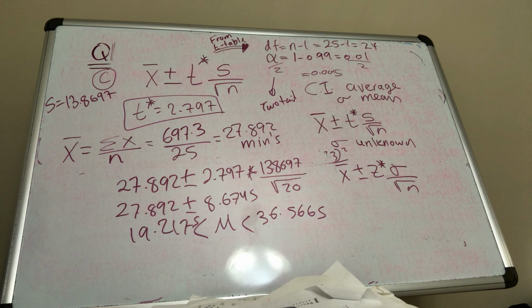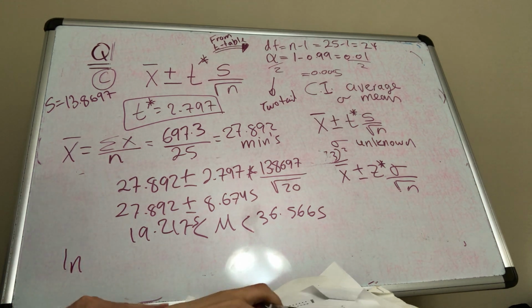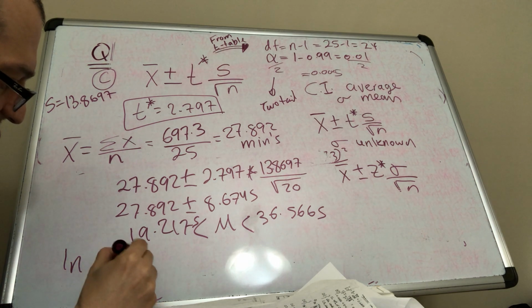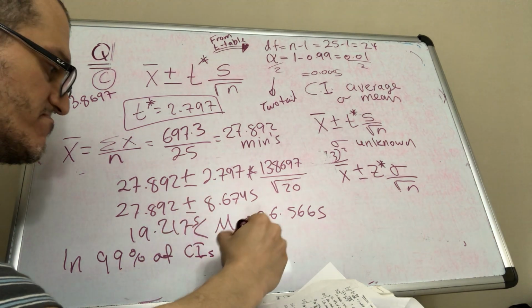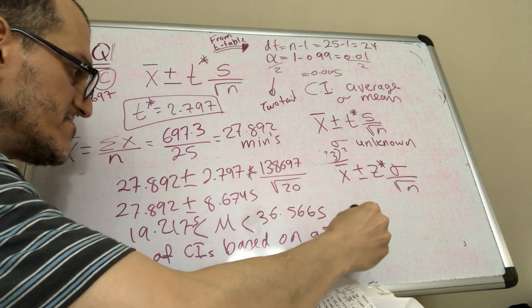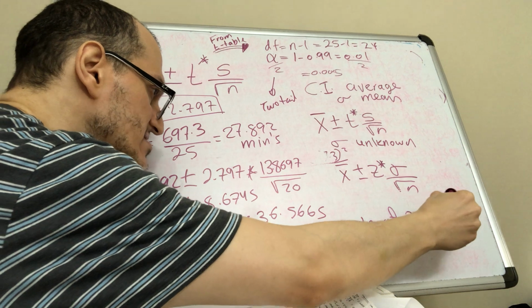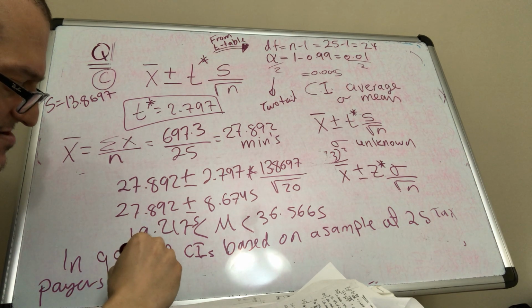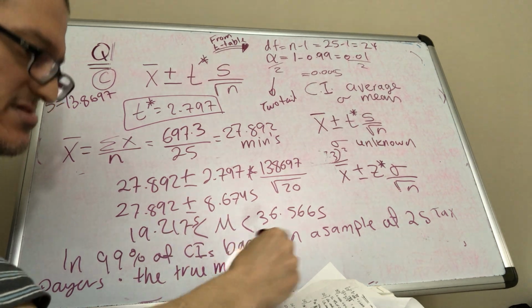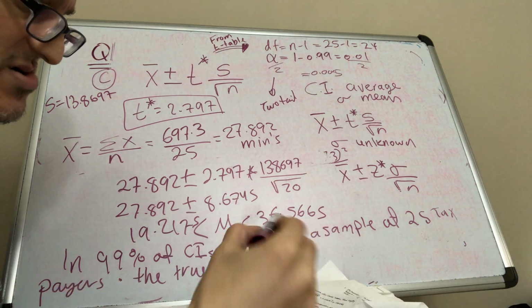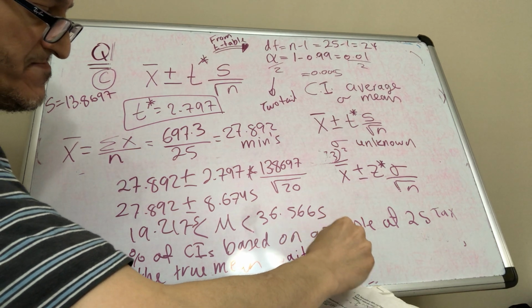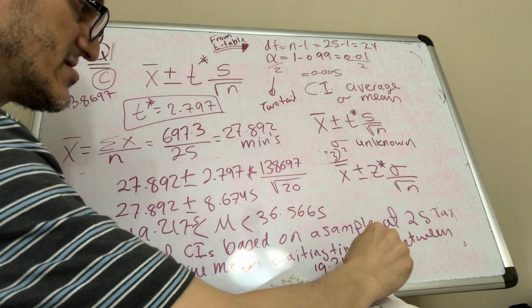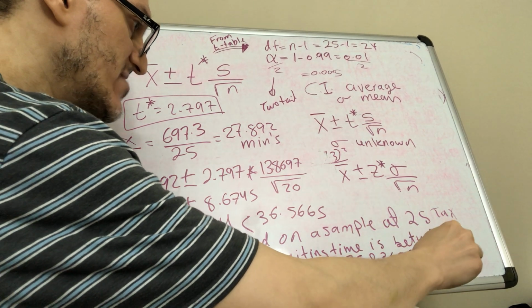Now, to do this in English, like we did for the previous one when we explained the proportion, you say in 99% of confidence intervals based on a sample of 25 taxpayers, the true mean, or average waiting time, is between 19.2175 and 36.5665 minutes.